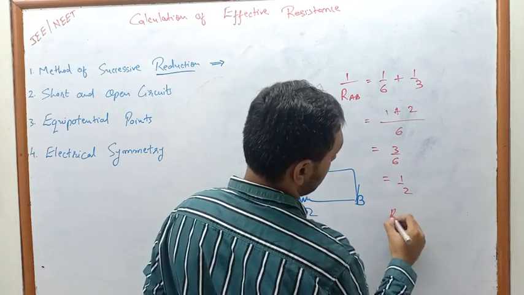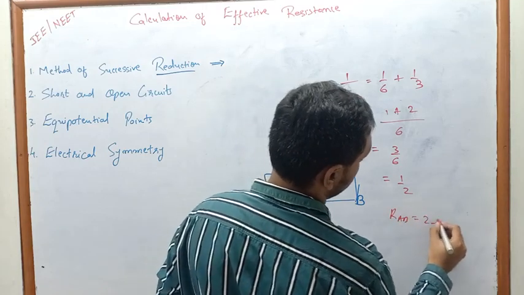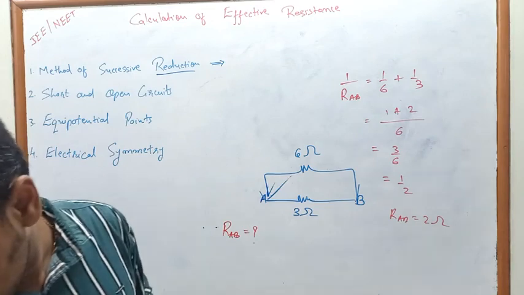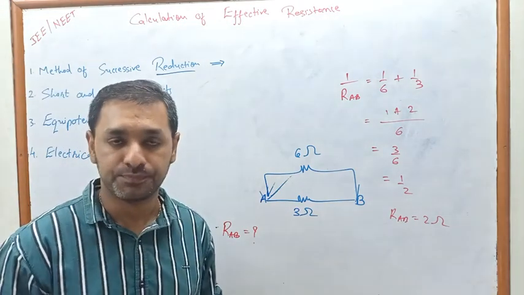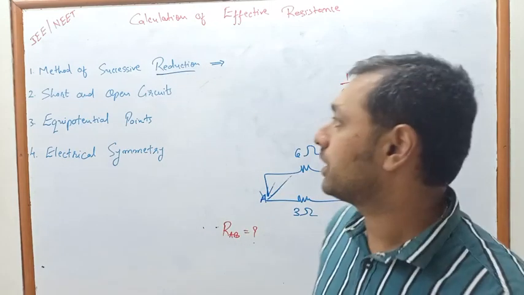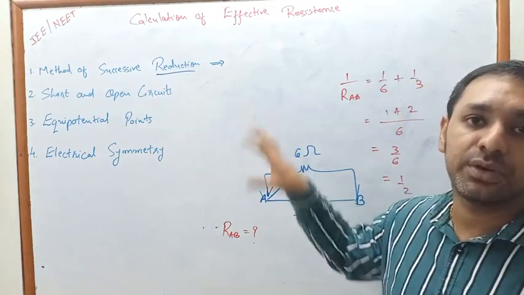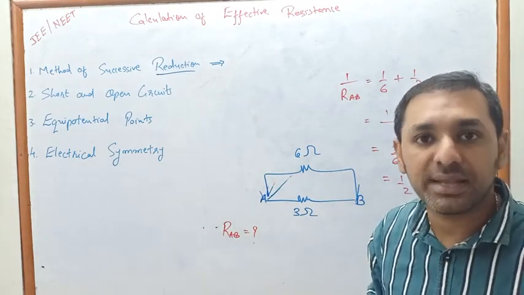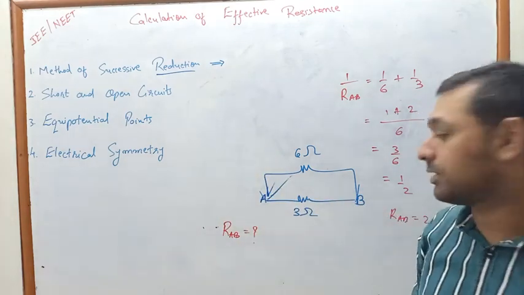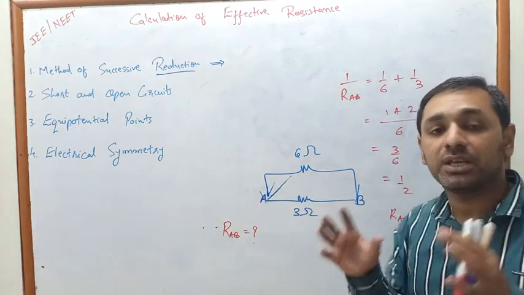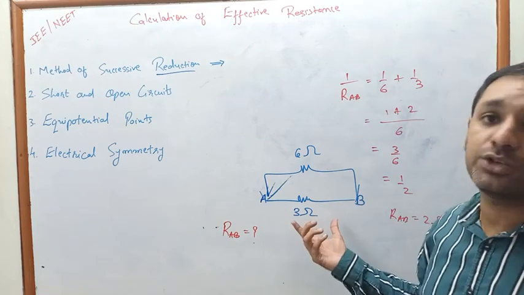So your answer RAB will be 2 ohm. If you check the answer, the answer is 2 ohm. So this is how you can use the method of successive reduction on a given complex network. You can successively reduce the number of resistors and finally you can get the equivalent resistance between any two given points.